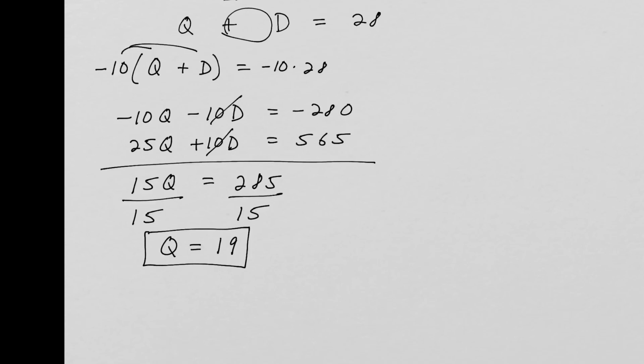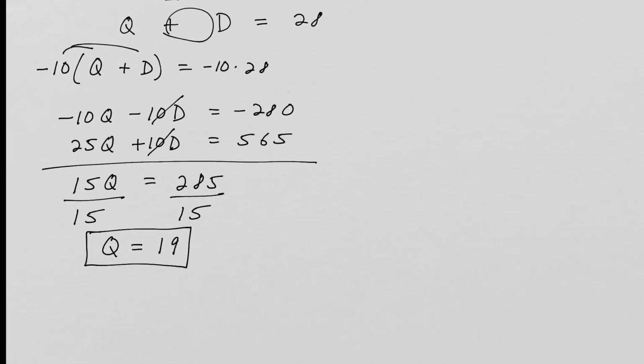So what does that tell me? It tells me I have 19 quarters, right? Remember, q represented the number of quarters. Now I have to go back and figure out the number of dimes. Well, I can plug this q equals 19 back into any of the equations I want, but the easiest equation to plug back into is going to be the one that says q plus d is equal to 28.